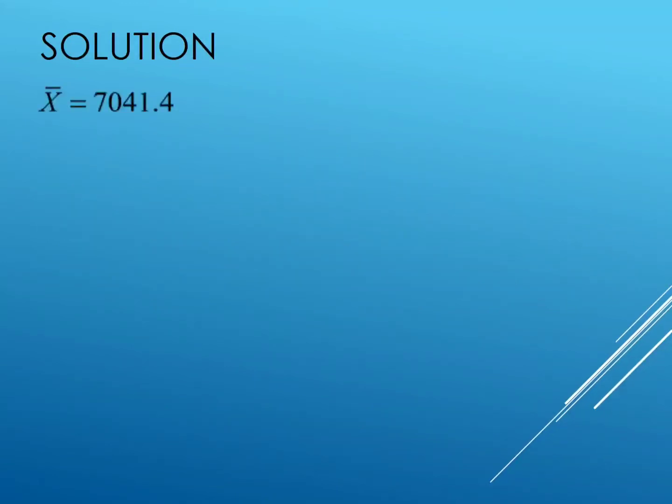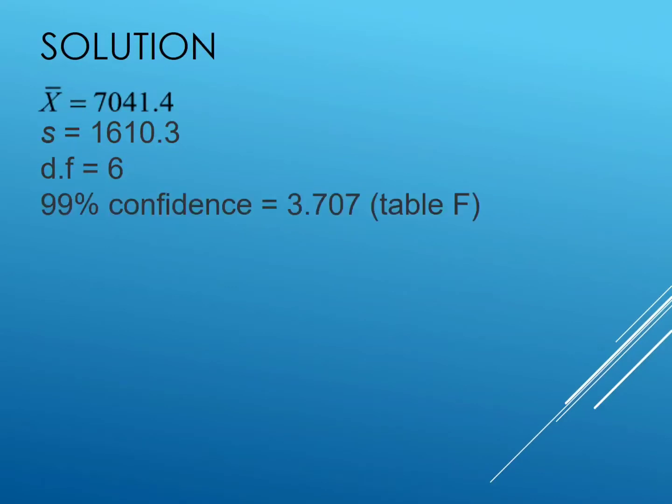So, solution, the average is 7041.4, the standard deviation is 1610.3, and the DF is 6 because my sample size is 7, so n minus 1, so 7 minus 1 is 6. So I am 99% confident, so I go to my table, I go to 6, I scroll to 99%, and I would get 3.707.